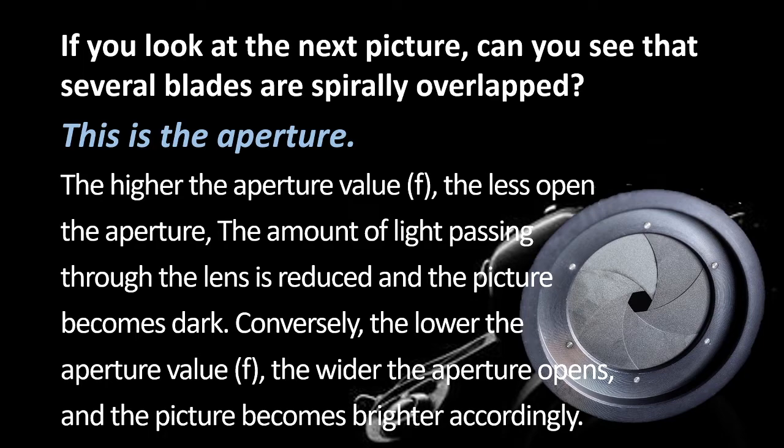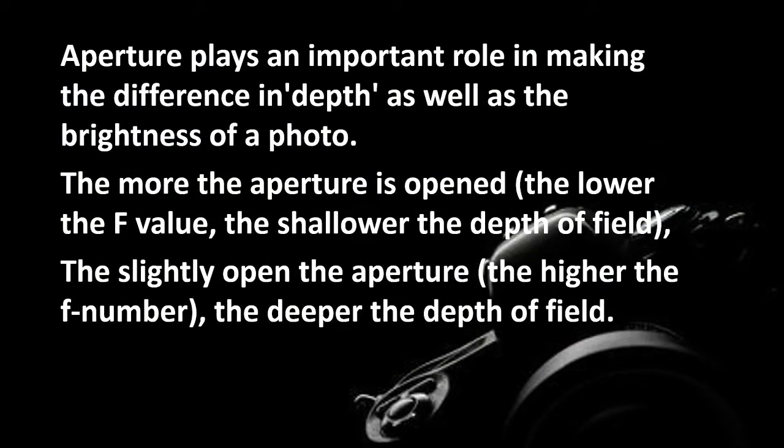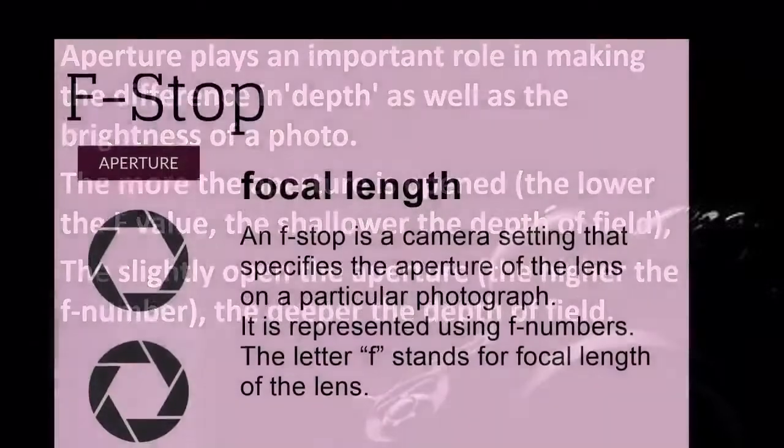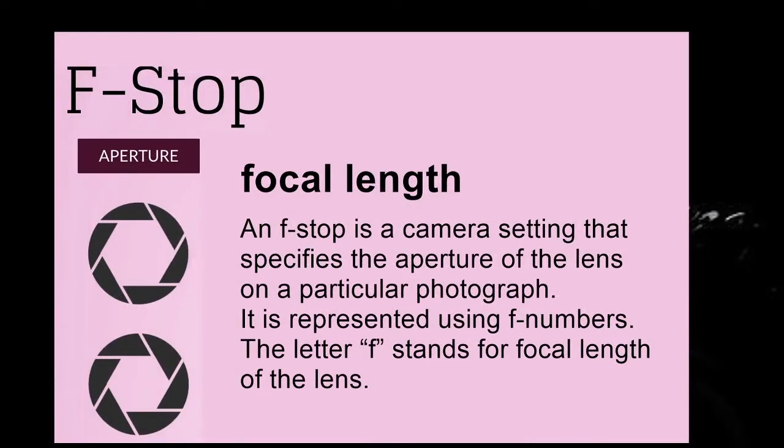Conversely, the lower the aperture value, the wider the aperture opens. Aperture plays an important role in making the difference in depth, as well as the brightness of a photo. The more the aperture is opened, the lower the f value, and the shallower the depth of field. The slightly open the aperture, the higher the f number, the deeper the depth of field.